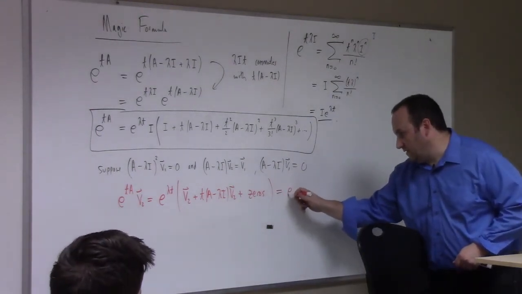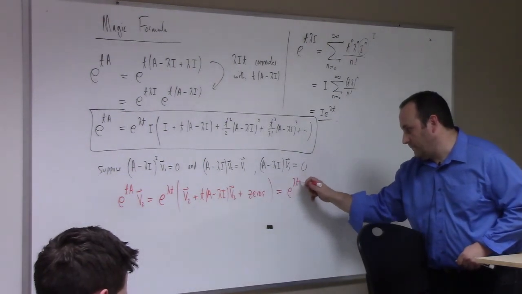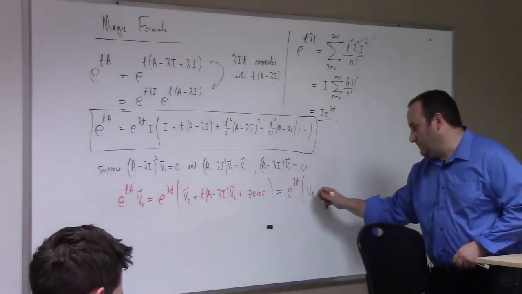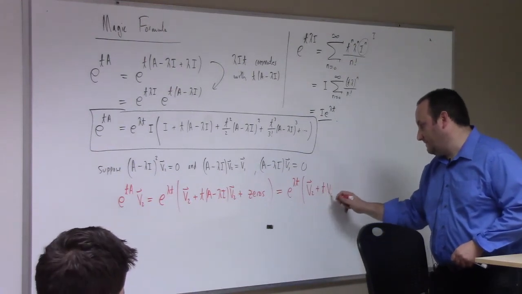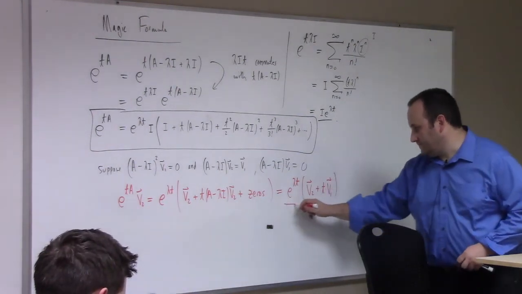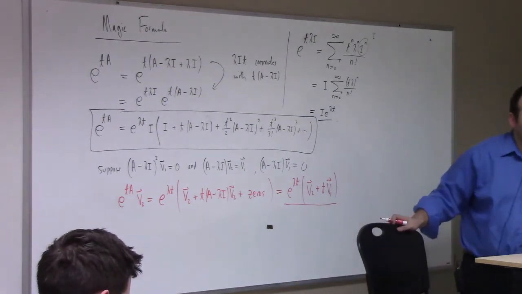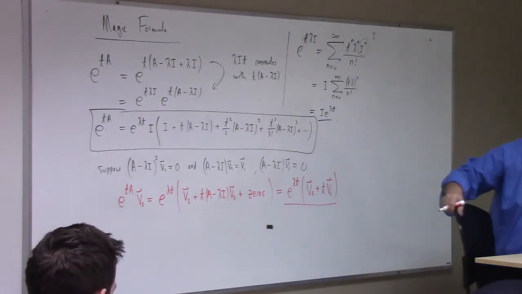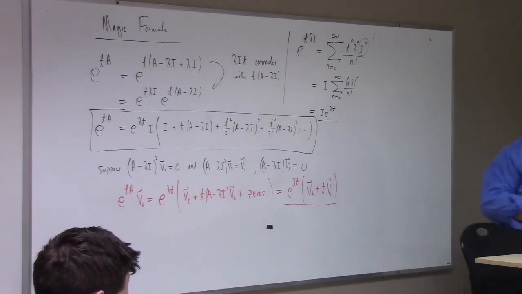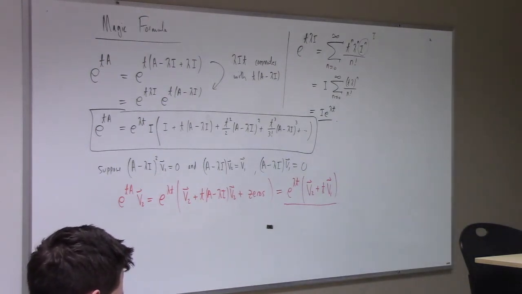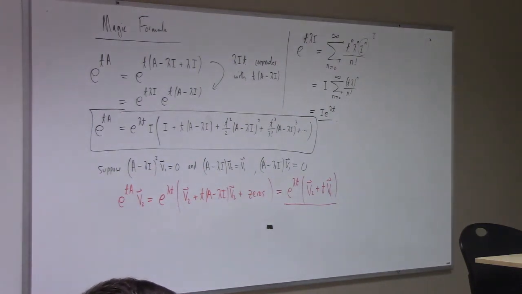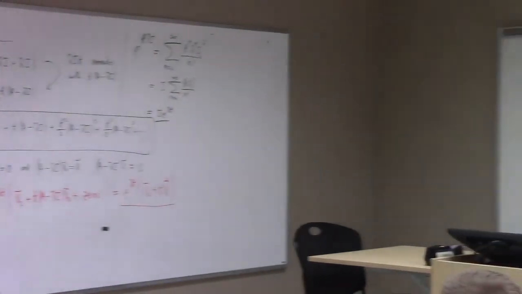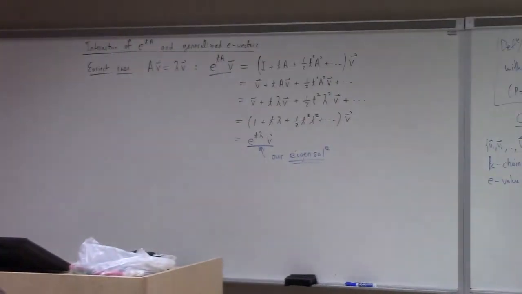This leaves us with e to the lambda t times v2 plus t times v1. This is how the t's appear in the solutions. They appear because of the matrix exponential and these generalized eigenvectors. They create possible t's or t squareds in the solutions. Like we already saw in example 2, we have a t squared times an exponential.